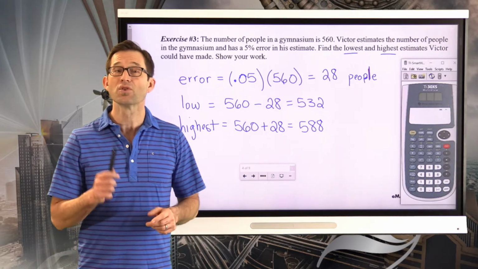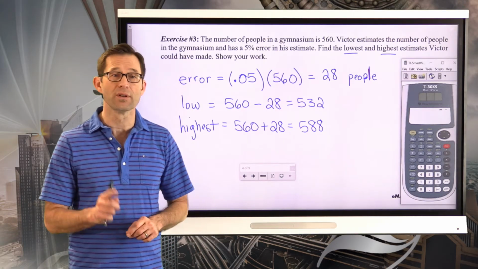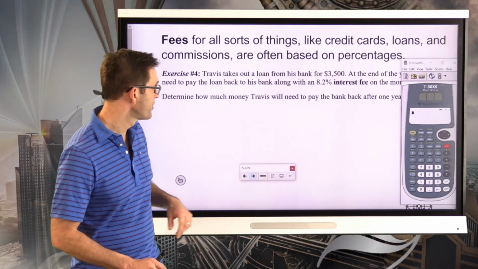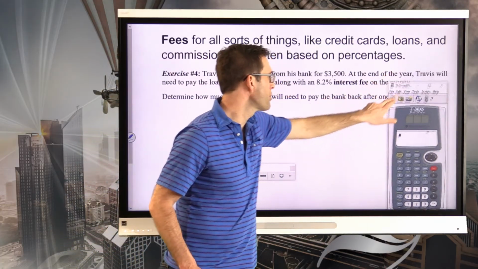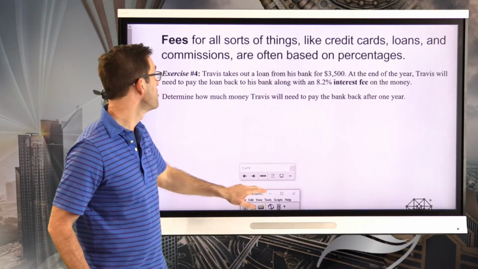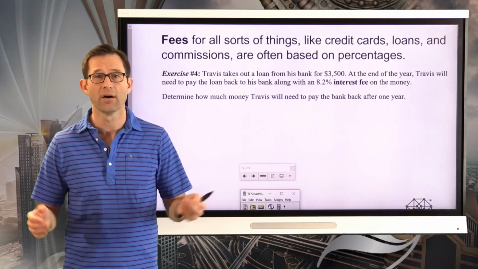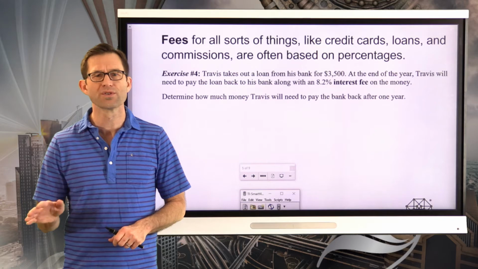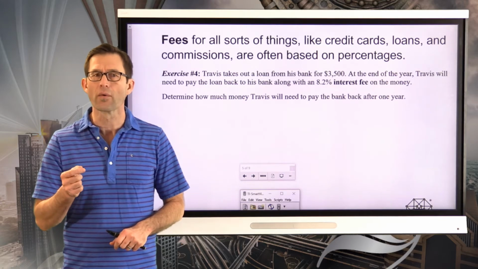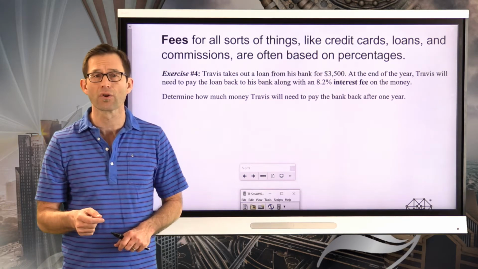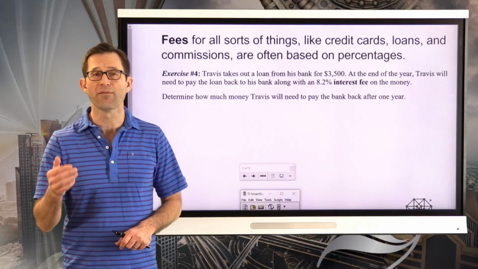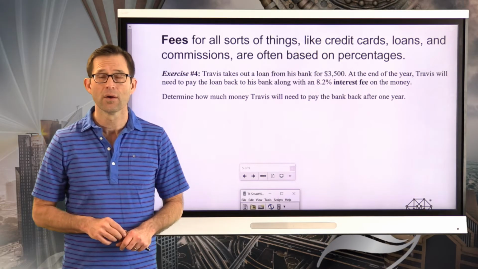Okay. So let's go on now and look at some additional applications of percent. The rest of the applications that we're going to be looking at basically boil down to what's called a fee, something that you have to pay. There are fees for all sorts of things, like a credit card, something that allows you to buy something on credit; you're going to be charged a fee that's based on a percent. Or a loan.